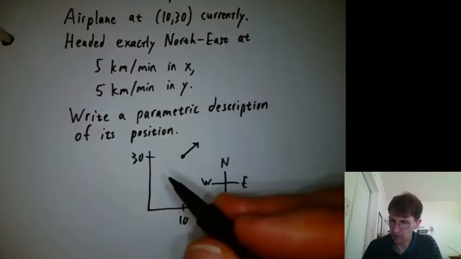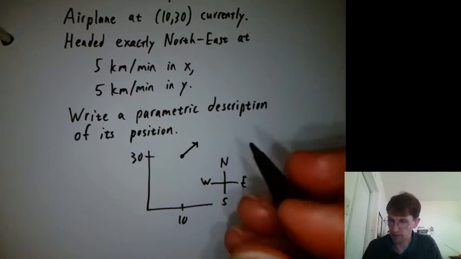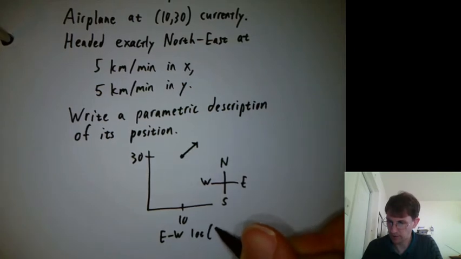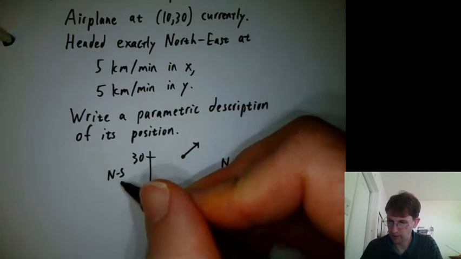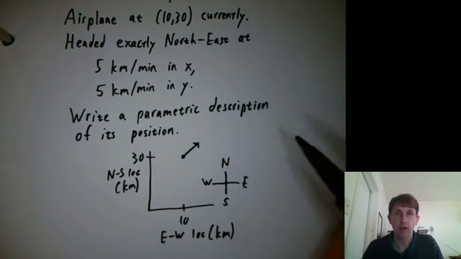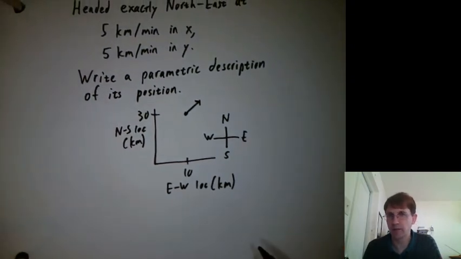What can we say for its x position as a function of time and its y position as a function of time? I should note that this axis is the east-west location in kilometers. This axis is the north-south location, again in kilometers. There's two ways of writing it, one of which works better with Desmos, the other one maybe is more intuitive or a little cleaner.